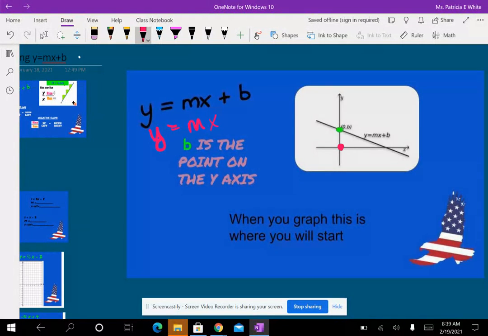So far we've got the slope, which gives us direction of how far up and how far over we're going to go, and the y-intercept, which gets us a starting point. All right, let me put this one away.